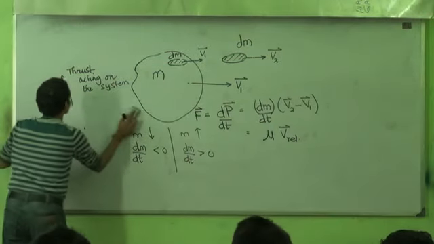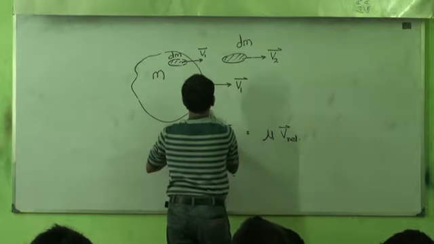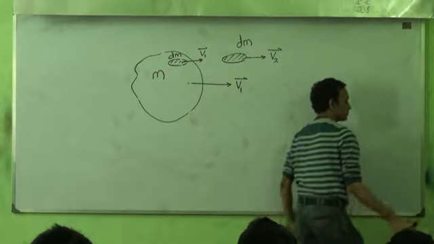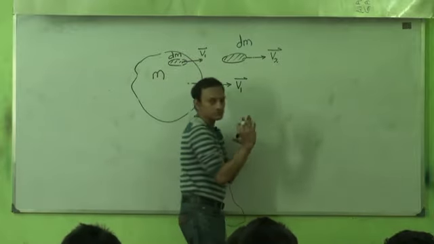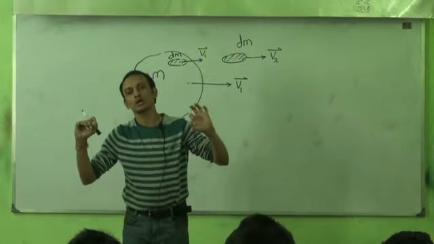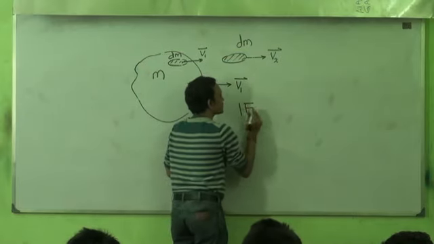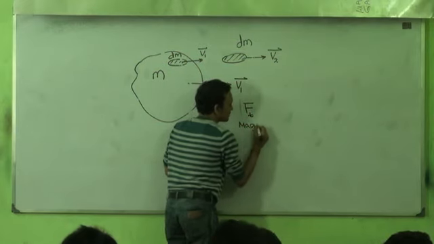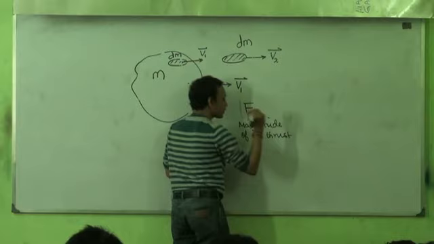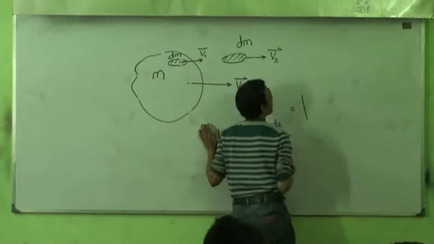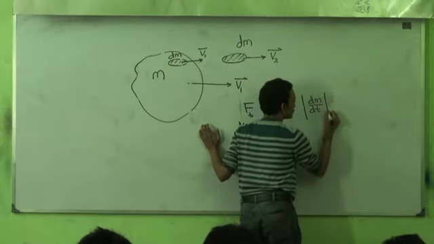I'll quickly summarize this fact for you. One thing, the magnitude of the thrust acting on a system, that is magnitude of the thrust, or rather Ft, which is the magnitude of the thrust acting on a variable mass unit, will be magnitude of dm/dt into Vrel.